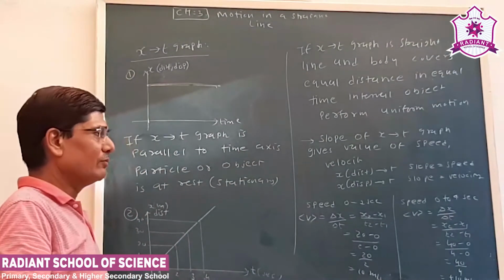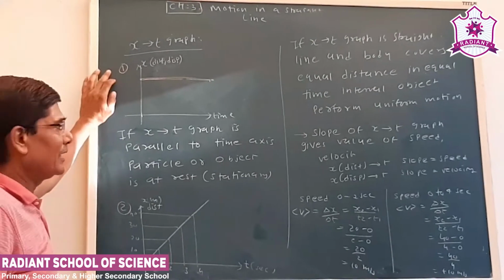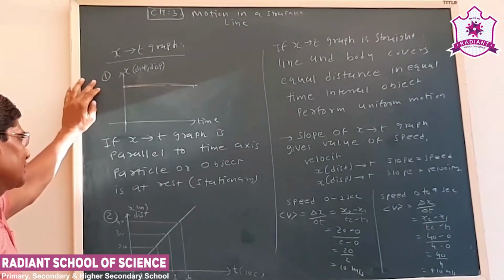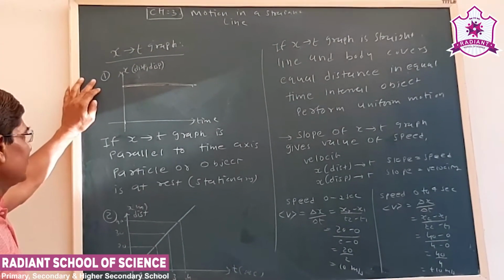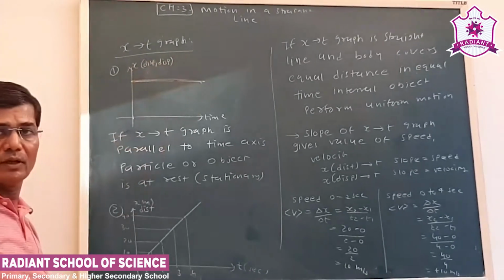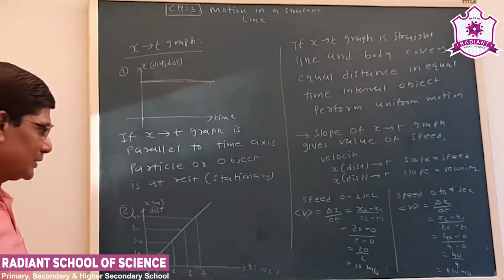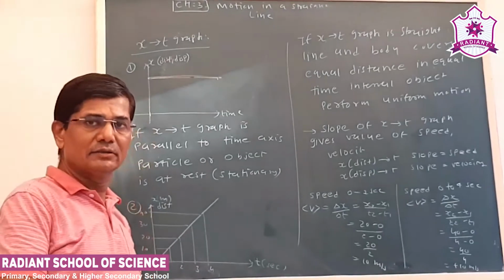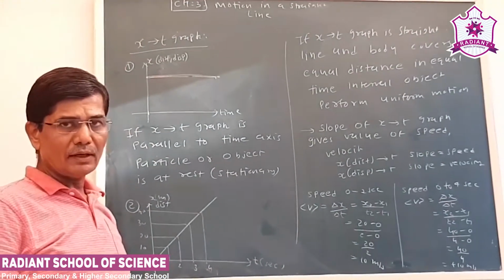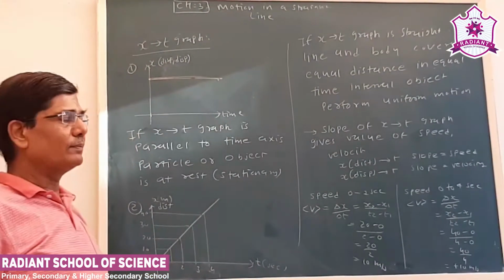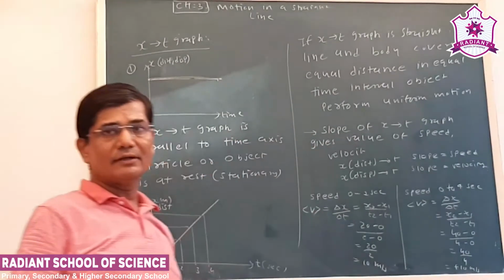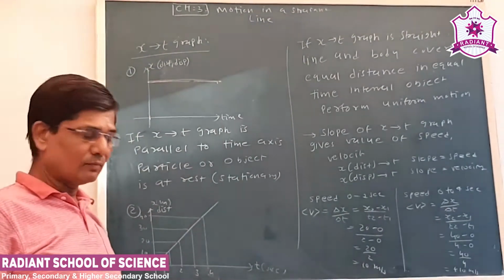So this is the second graph. The first graph we saw: if the x versus t graph is a straight line parallel to the time axis, the object is stationary or at rest. And if the x versus t graph is a straight line and the object covers equal distance in equal time interval, we say it is a uniform motion.